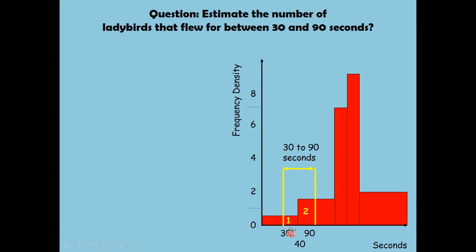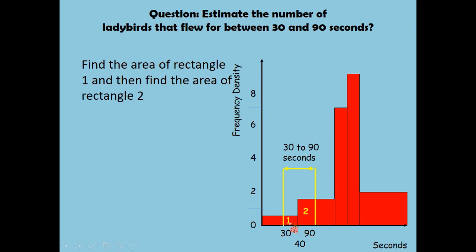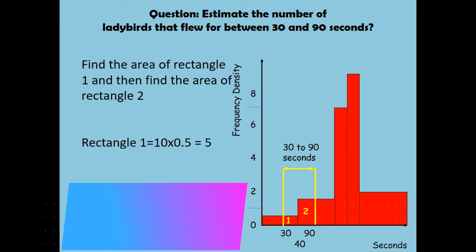So to find the area of rectangle 1, all you need to do is multiply the interval range, which is going to be 10, by the height, which is going to be 0.5, giving us 5 as our answer. And then for rectangle 2, have a think about how we would answer that question.